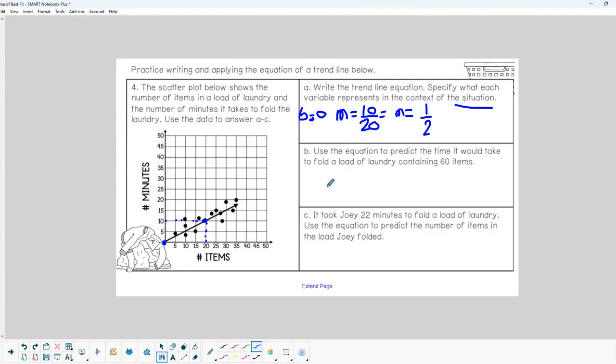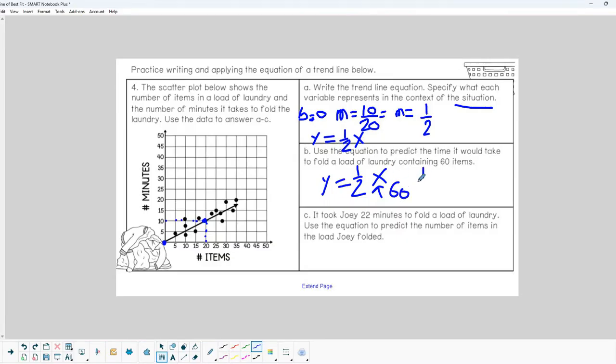So use the equation to predict the time it would take to fold a load of laundry containing 60 items. Well, first of all, we got to finish our equation here. y equals 1/2 x, and then remember we had a y-intercept of 0. So y equals 1/2 x, and we're going to put in for x the number 60.